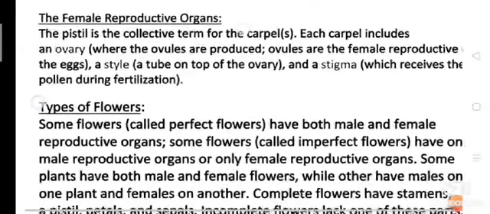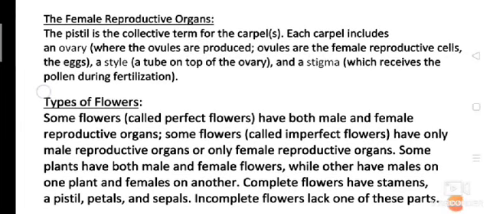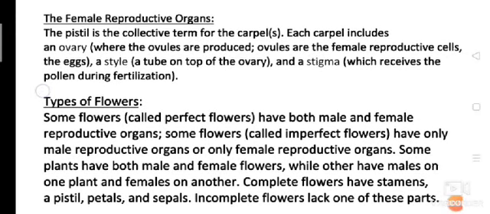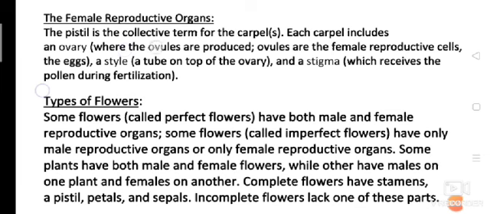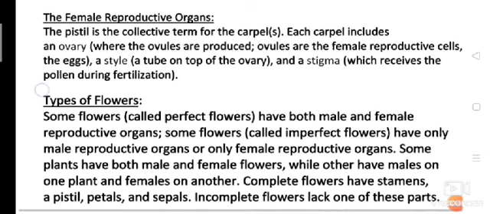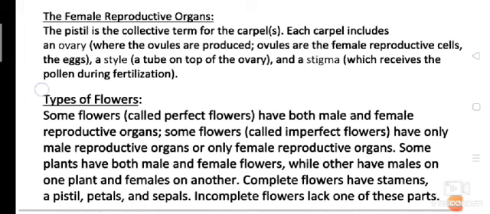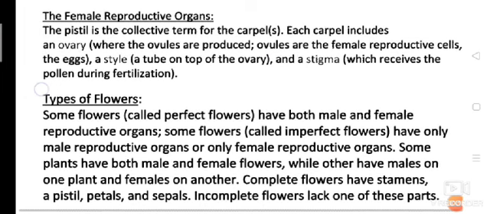The pistil is the collective term for the carpels. Each carpel includes an ovary where the ovules are produced. Ovules contain the female reproductive cells, the eggs; a style, a tube on top of the ovary; and a stigma which receives the pollen during fertilization.